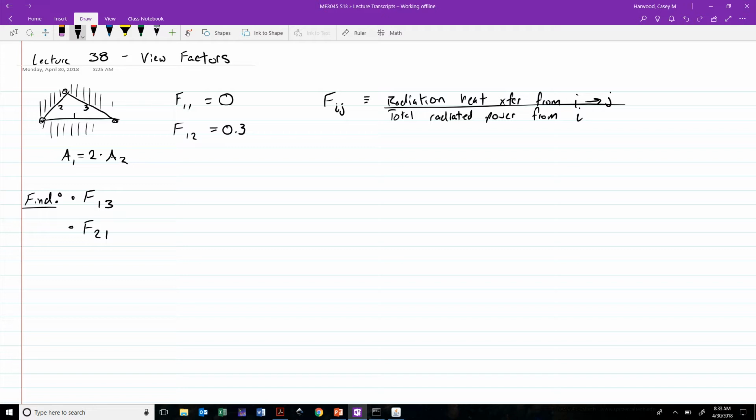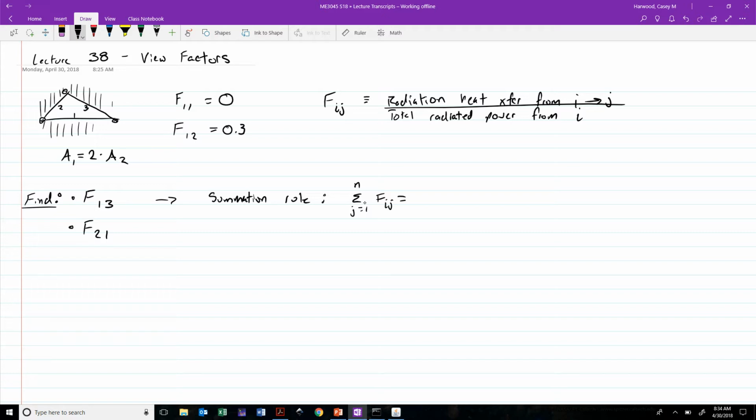So we'd find this one using the summation rule, which says that we sum over j, j equals 1.